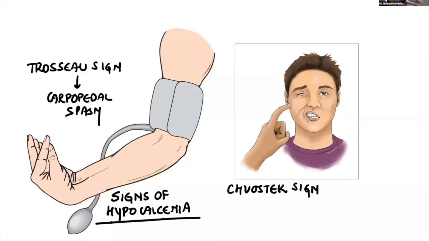This is also known as obstetrician's hand deformity. If you've taken a delivery in the labor room, you'll know why. Chvostek sign is when you tap over the facial nerve, there will be facial spasm. Both are severe signs of hypocalcemia, which can be seen after thyroid surgery.